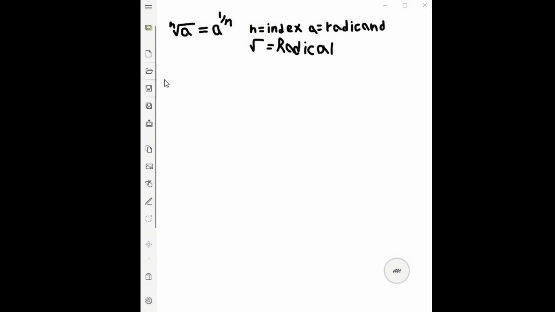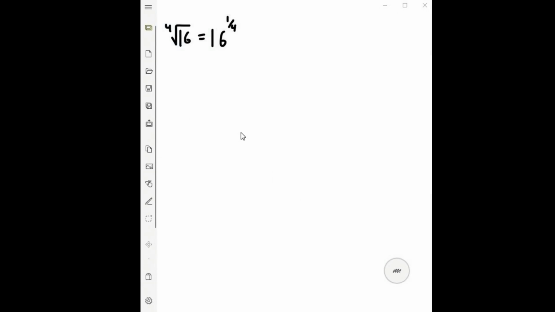Usually when we have square roots, the index isn't shown, so we'll drop the 2. You should always know there's an invisible 2 if you just see a square root sign. So in this example, we have the fourth root of 16, and we're going to write 16 to the power of 1 over 4.